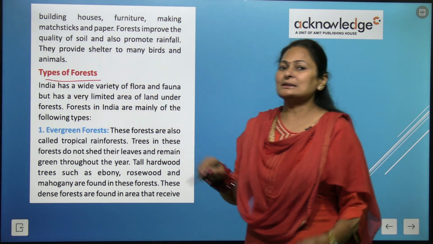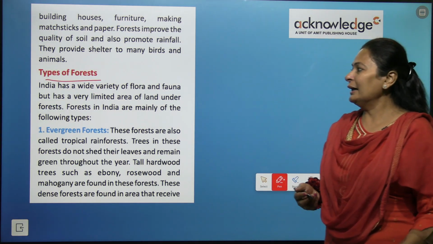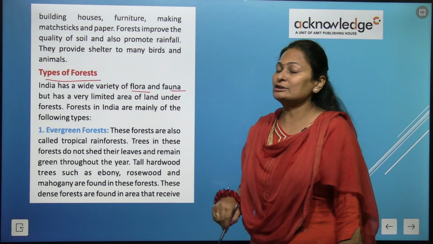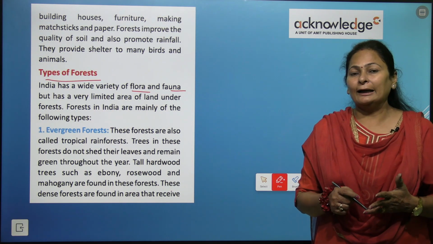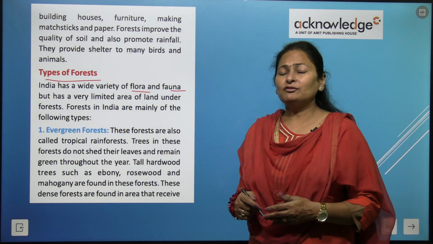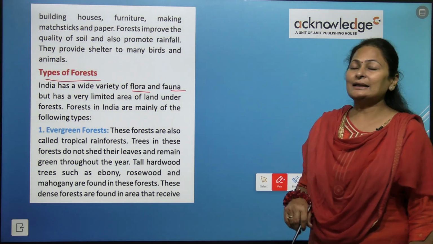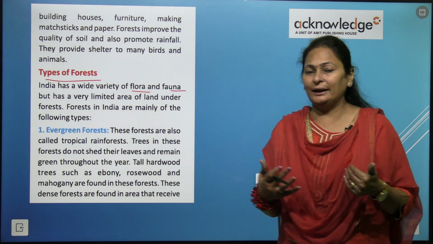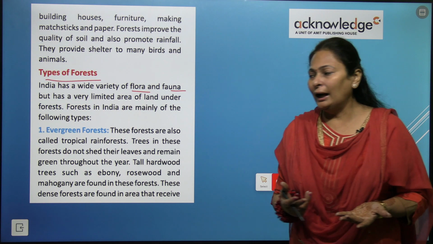Now we will discuss the types of forest. India has a wide variety of flora and fauna. Now what are flora and fauna? Flora means plant life and fauna means animal life. So India has a wide variety, meaning different species, different kinds of plants and trees and different kinds of animals.